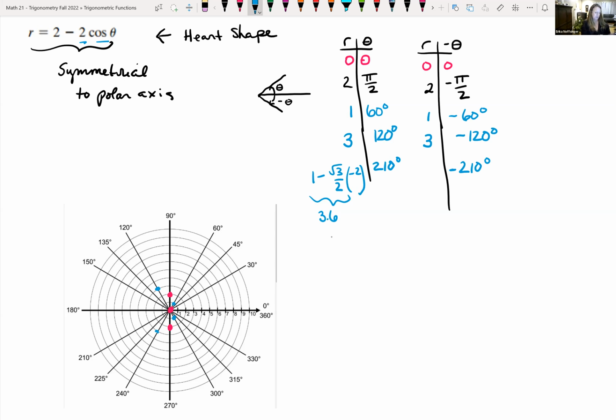My 2's would cancel, so that was really 1 plus root 3, which is approximately 2.7. I was off on math.